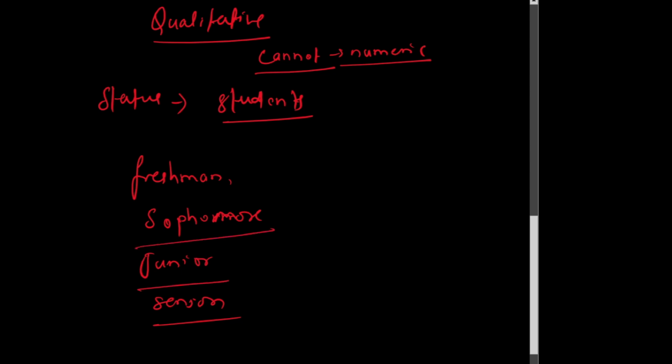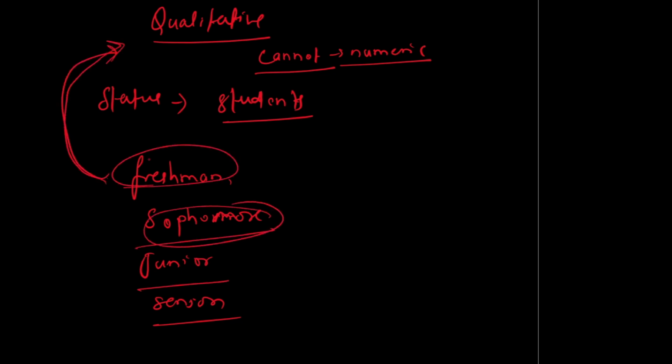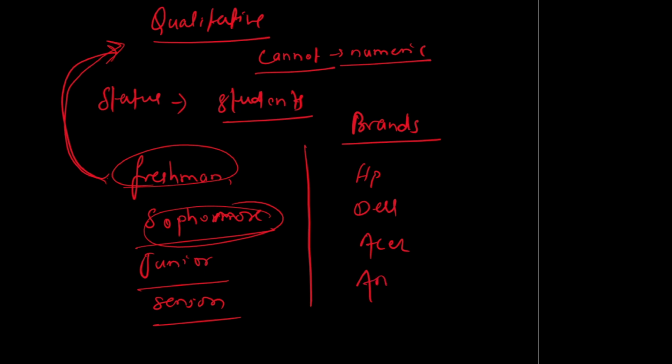And these types of categorizations fall under the qualitative variables. Not only this, we can also say brands of computer, maybe HP or Dell or Acer or Asus and so on. These all are qualitative types of variables.